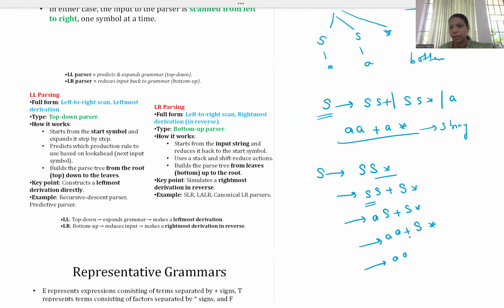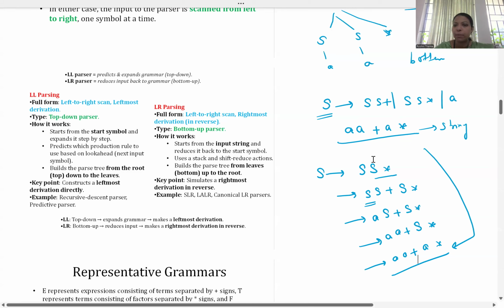Only one non-terminal is left. Actually I want this string, so this S I can write as a small a, and finally I got the string. Whenever I'm deriving a string from this grammar, I always replace the leftmost non-terminal, so it is called leftmost derivation.